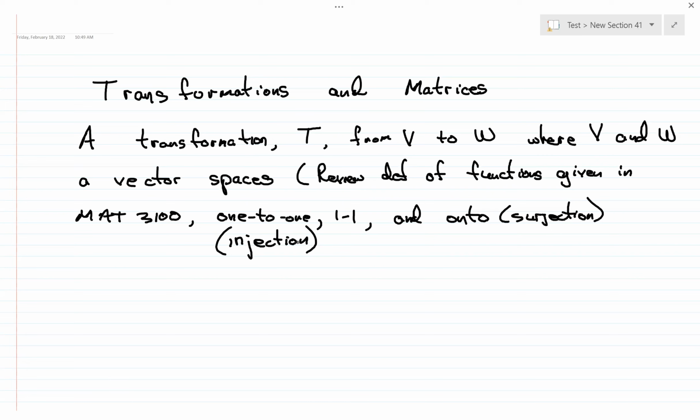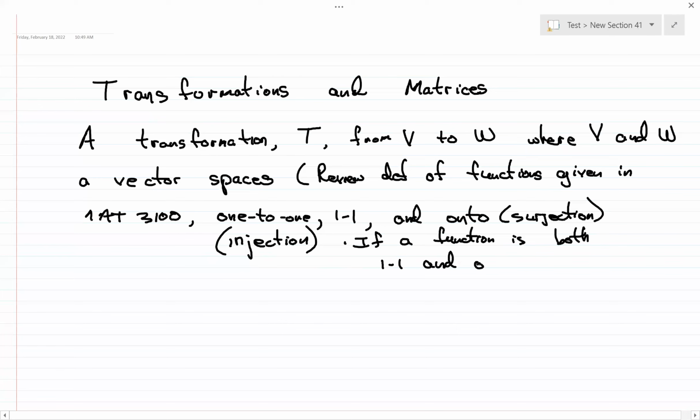And if you have a function that is both one-to-one and onto, or injective and surjective, then it's called different things.